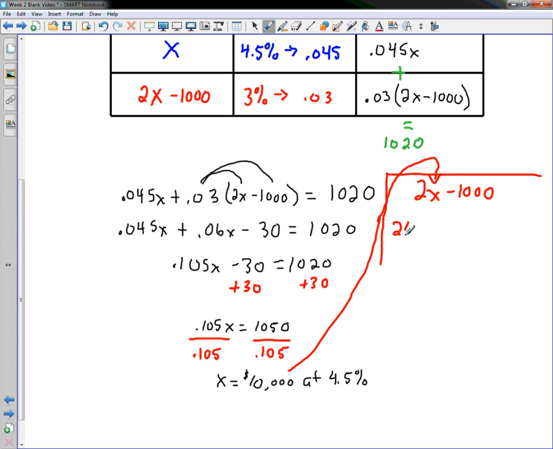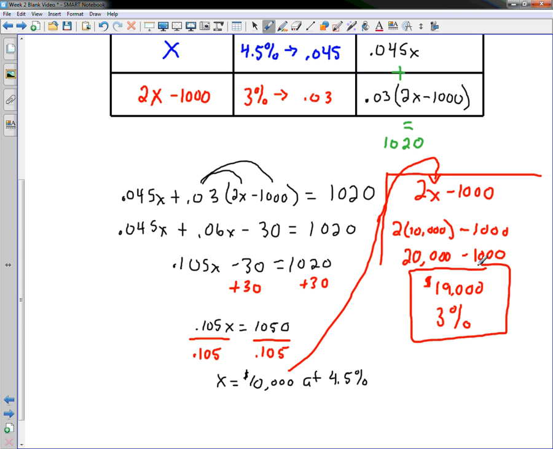So 2 times 10,000 minus 1,000. And we get 20,000 minus 1,000, and that gives me 19,000. So we invested 19,000 at the 3%. So we wanted to find the investment at each.